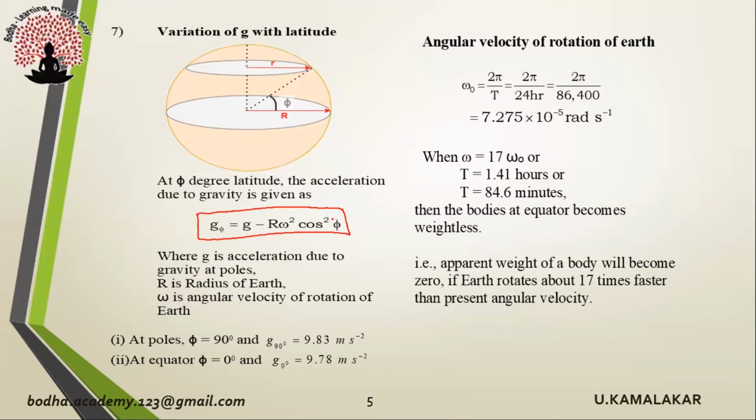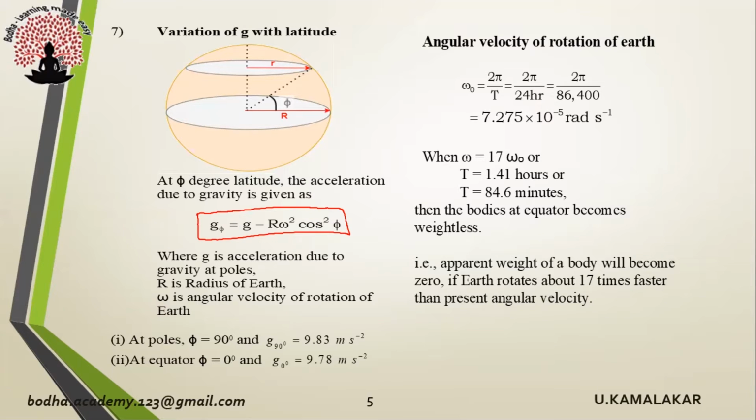At poles, phi is equal to 90 degrees and acceleration due to gravity at poles is 9.83 meter per second square. At equator, phi is 0 degrees and acceleration due to gravity at equator is 9.78 meter per second square.